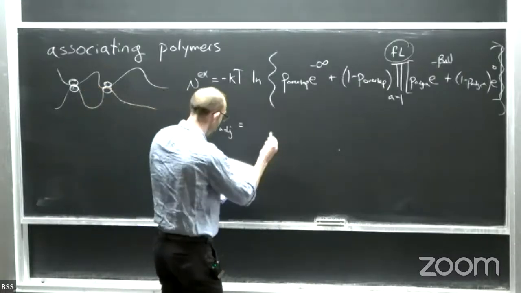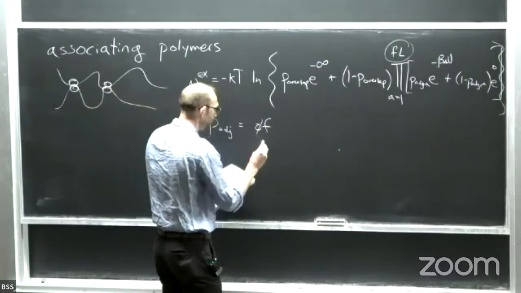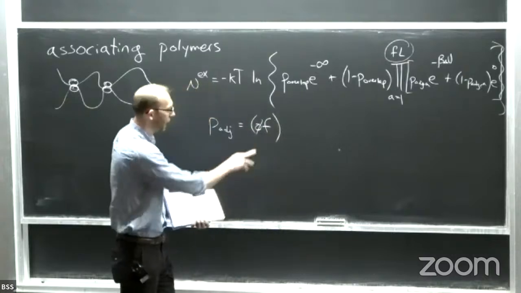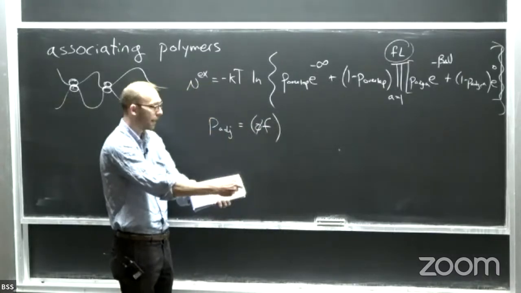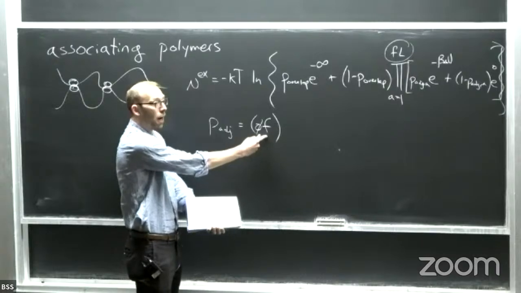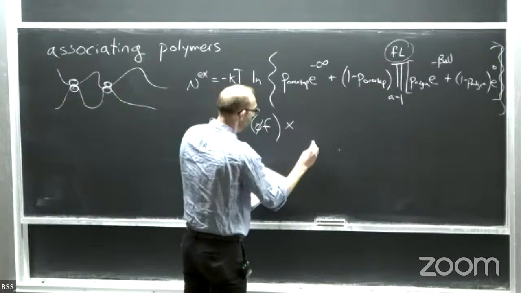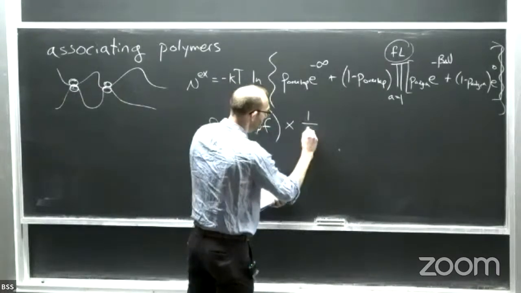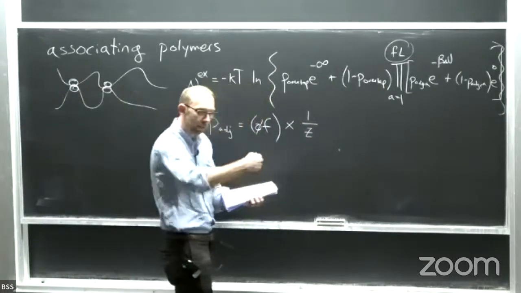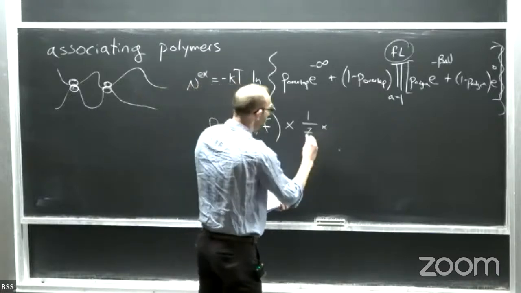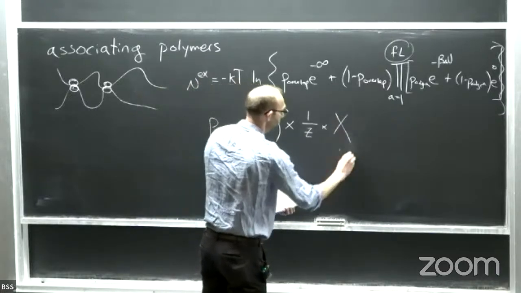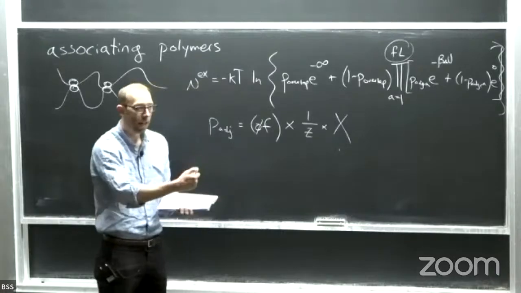If we do that, we get the probability that an adjacent lattice site has a monomer with a binding site times the probability that that binding site is oriented in the right direction times the probability that the binding site is not already occupied.